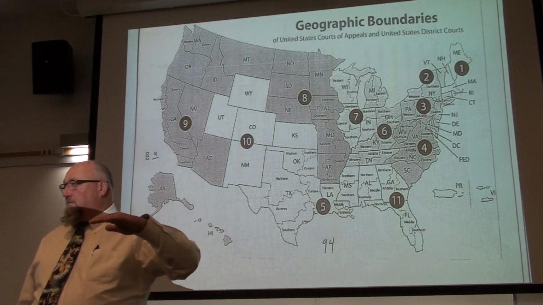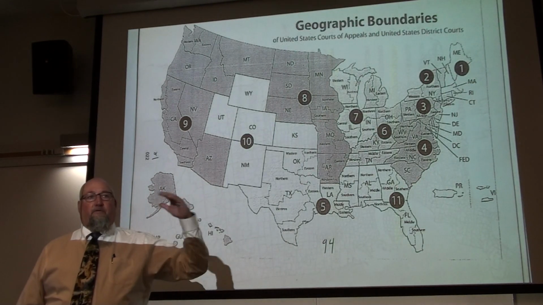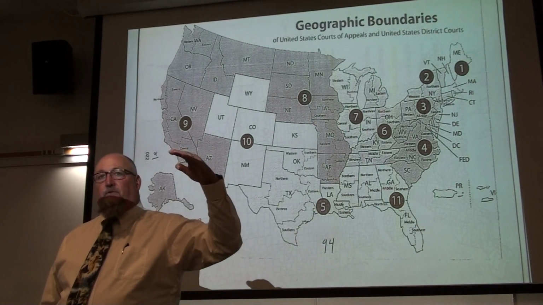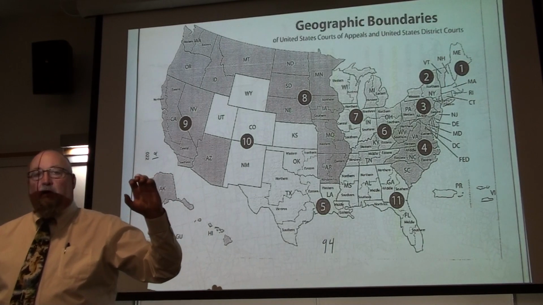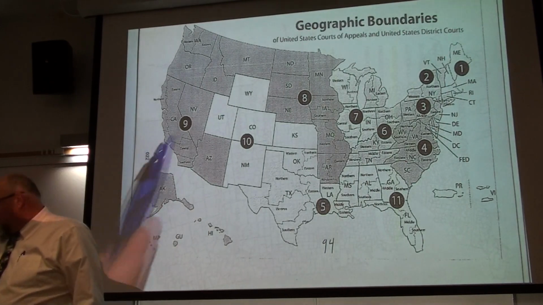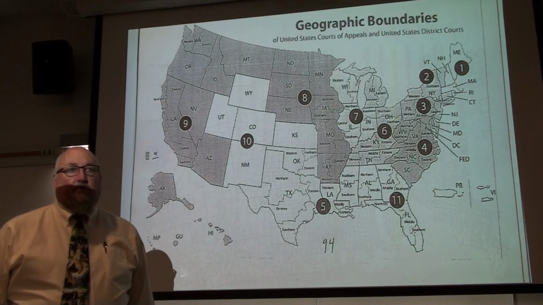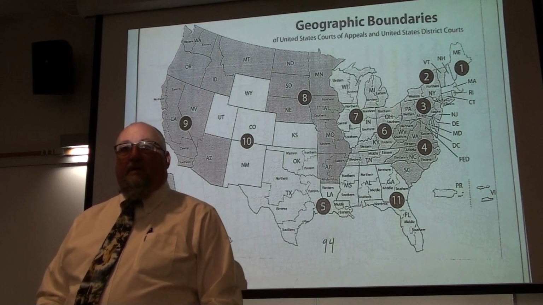That's the first level. At the next level, we have what are called courts of appeal. That's where you go if you lose in the lower court. You go to the higher level court, which is an appellate court. We'll talk about that more in a minute. That's what these dots with numbers on them are: federal circuit courts of appeal. Again, I'll get into more detail in a few minutes.